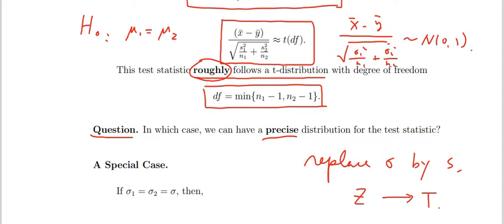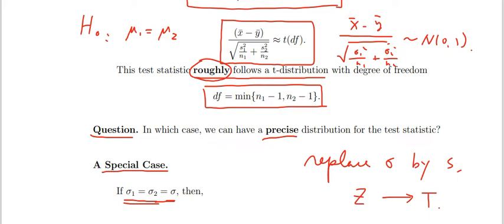If we replace one sigma by one S, then Z becomes T. So in a special situation, if we actually have only one sigma, sigma 1 and sigma 2 the same, sigma 2 equals sigma 1 equals sigma, then we can have an exact T distribution.